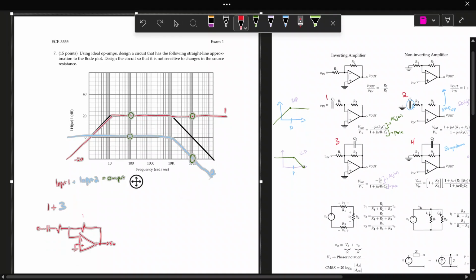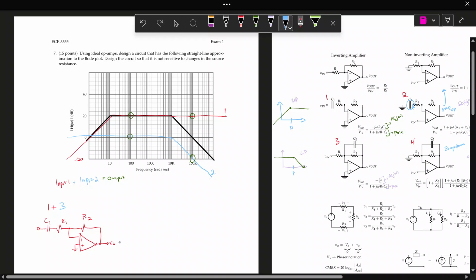Okay, so we have R2, R1, and C1. And then we do plus, what is 3? 3 looks like this. Okay, so we have V in here.